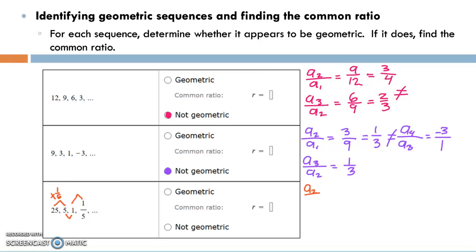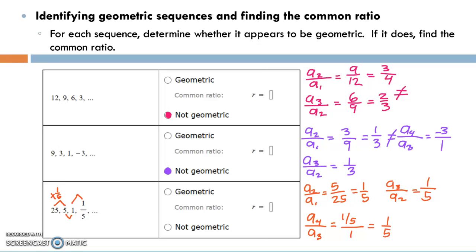Second term divided by the first term is 5/25, which is 1/5. Then I take the third term divided by the second term. I'll get directly 1/5. And then the fourth term divided by the third term is 1/5 divided by 1, which is equal to 1/5.